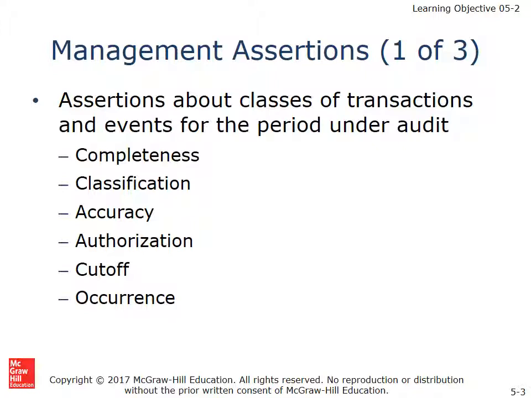The first is occurrence. The occurrence assertion relates to whether all recorded transactions and events have occurred and pertain to the entity. So is everything recorded, and only those things pertaining to the entity recorded? The example given, management asserts that all revenue transactions during the period were valid transactions.